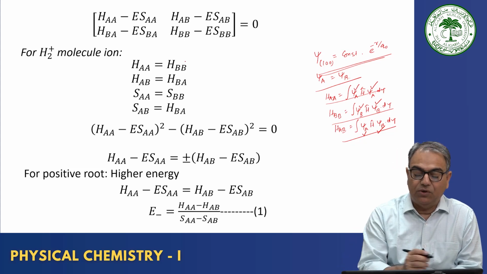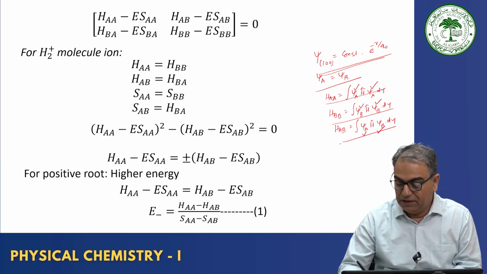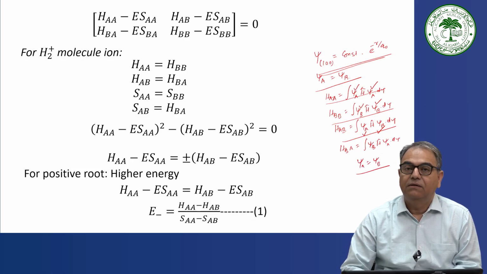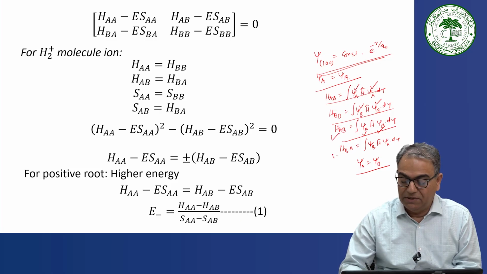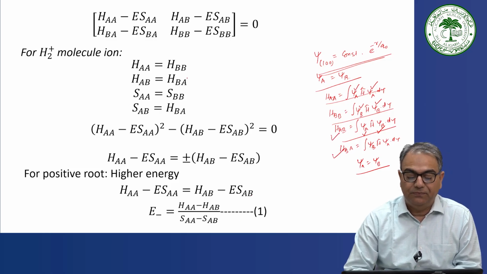The same thing, because if you write HBA, you will write psi B H psi A d tau. And since psi A is equal to psi B, HAB and HBA are the same thing.